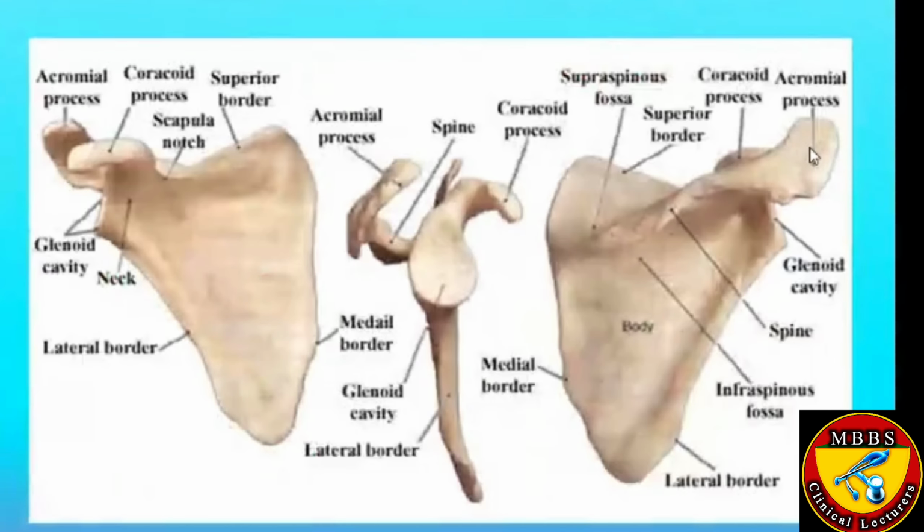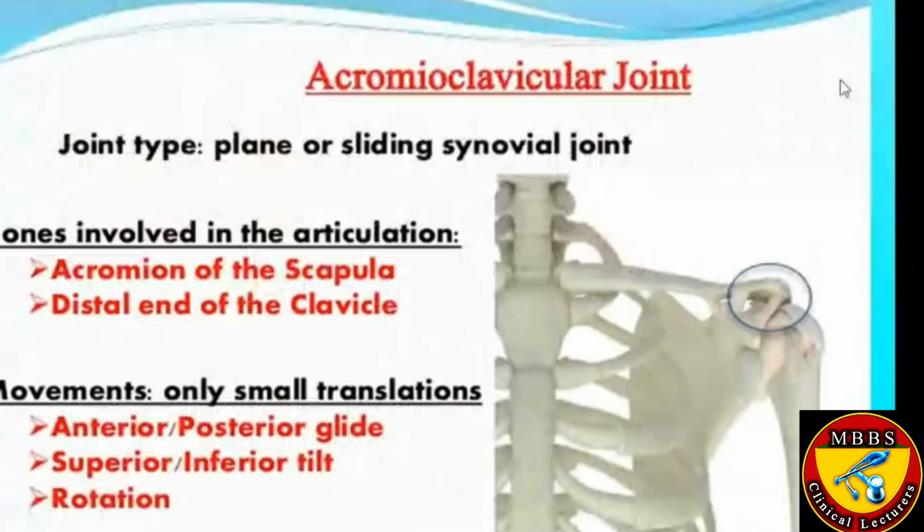Now, this acromion process articulates with the lateral end of the clavicle, forming another joint, which is called the acromioclavicular joint. This is also a synovial type of joint, formed by the acromial process and the lateral end of the clavicle.